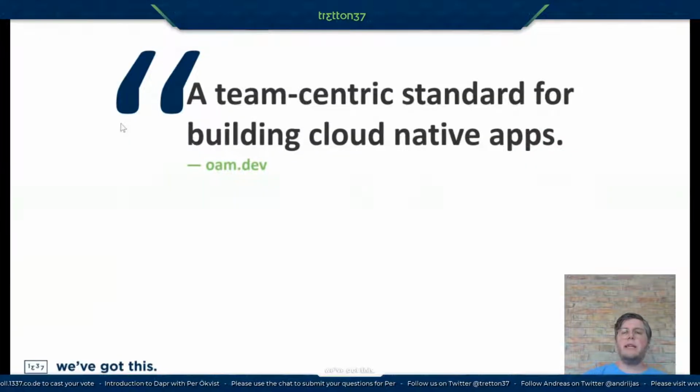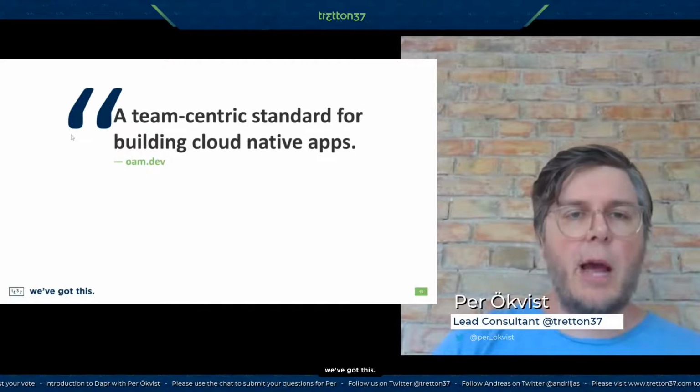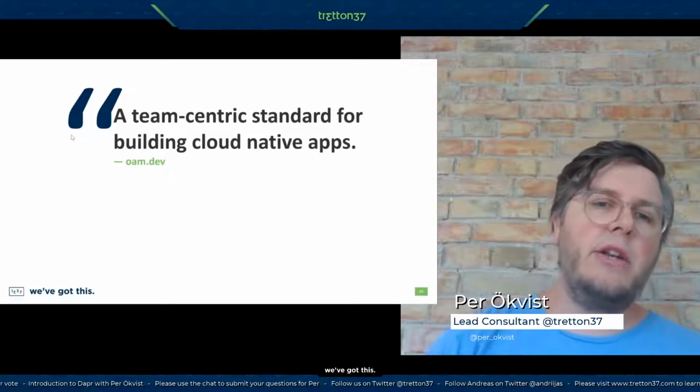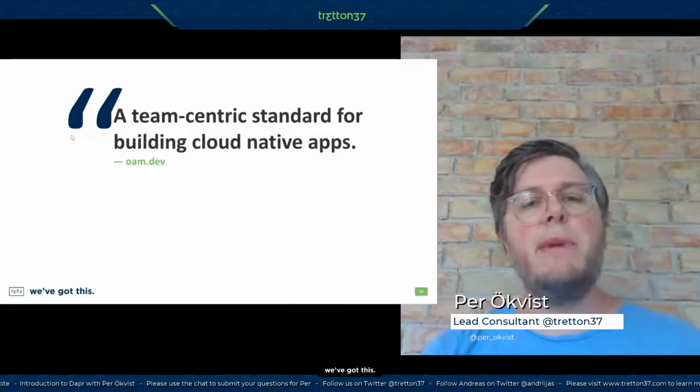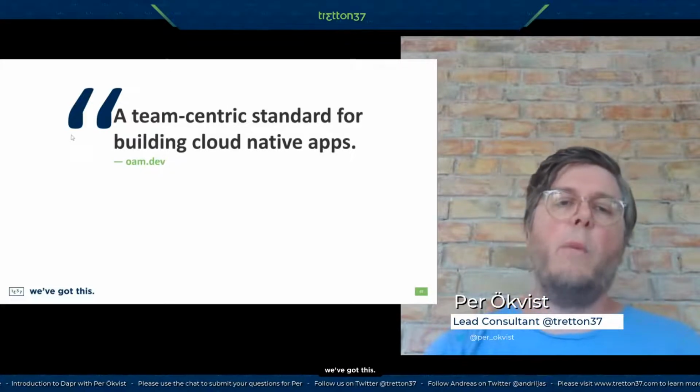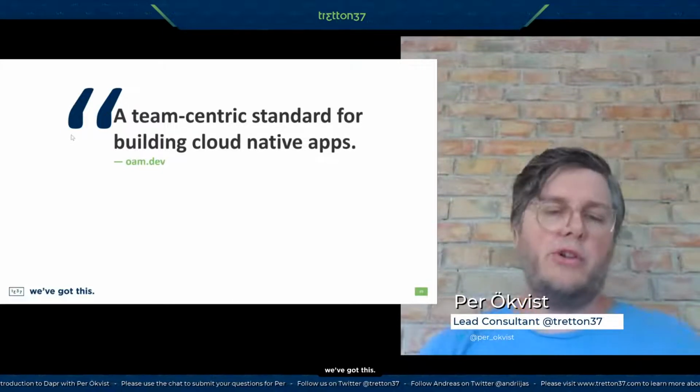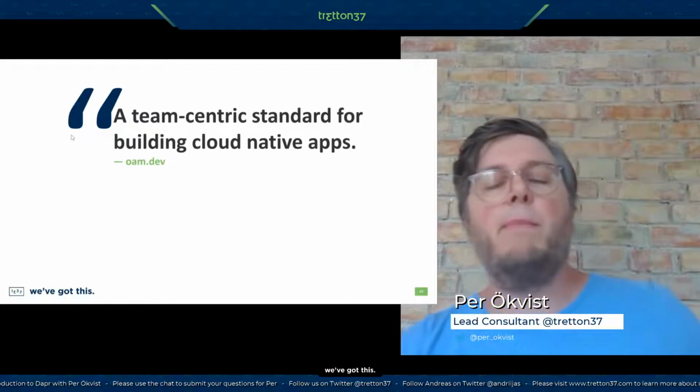And why I mention this at this point is that Dapr does not rely on Open Application Model, but I think it's an important building block that we're going to see in the future, how you could use something like Dapr to set up your applications using components, and then using yet another standard to describing that application using the Open Application Model that is agnostic to the underlying technology that you're going to deploy this on.